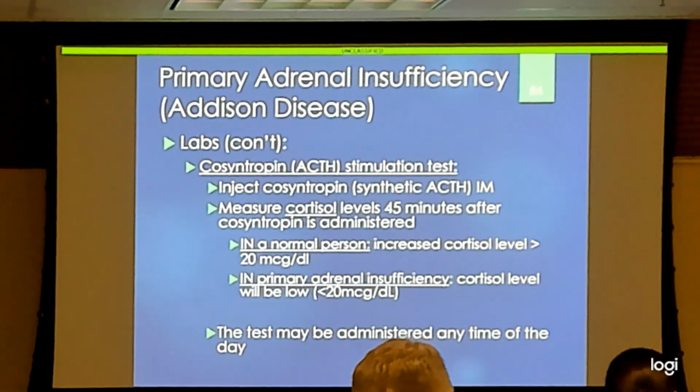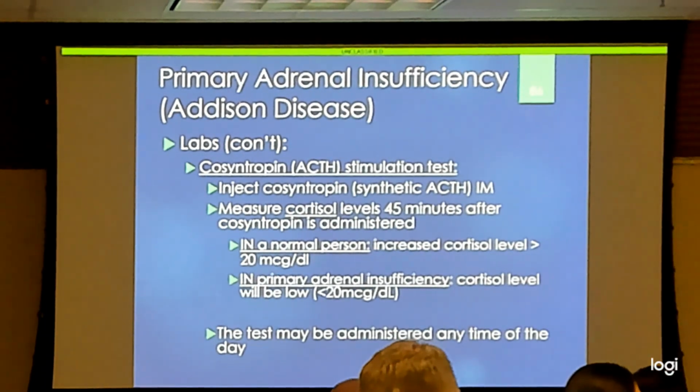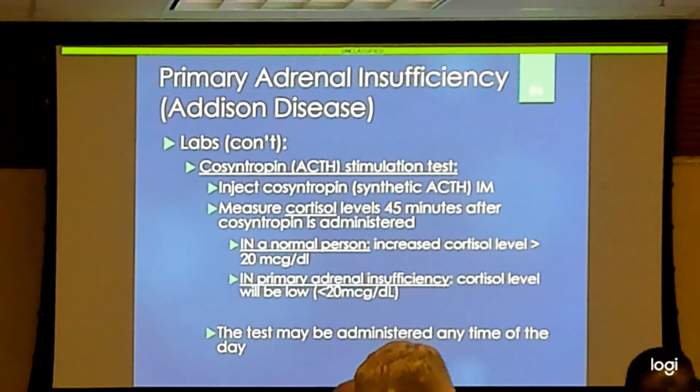Normally, if I gave you synthetic ACTH, what should your cortisol levels do, if everybody in this room got it? Should go up. Exactly, should go up. In this case, because of atrophy of the adrenal glands, there's no cortisol coming out, not at all. So the level would remain the same. That indicates primary adrenal insufficiency: the cortisol level will still be low.